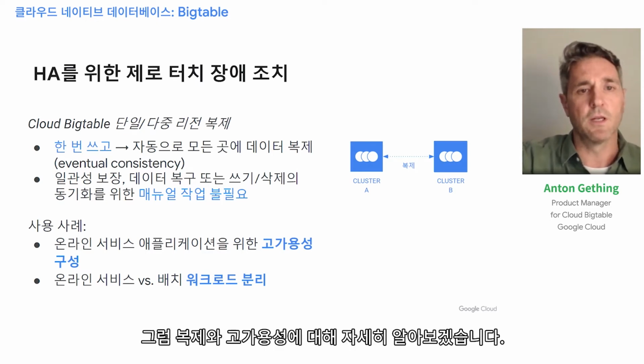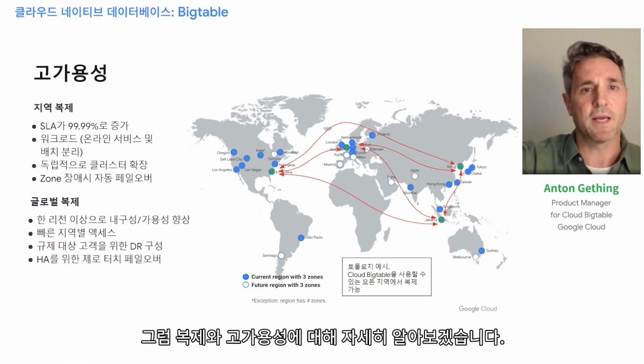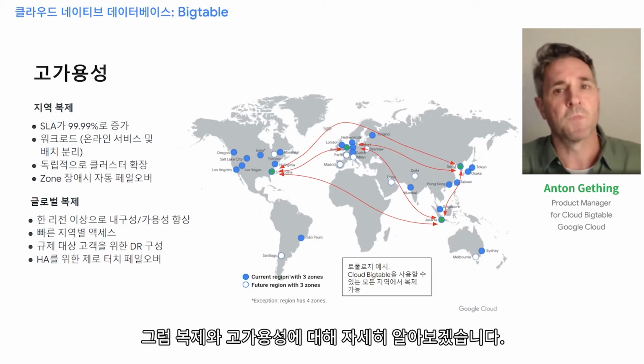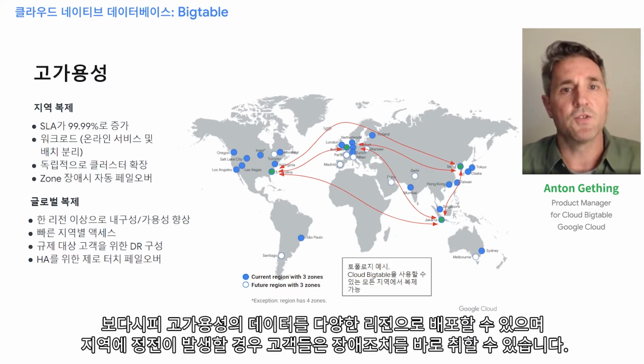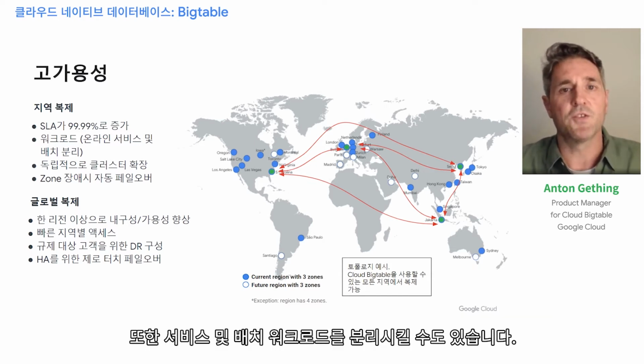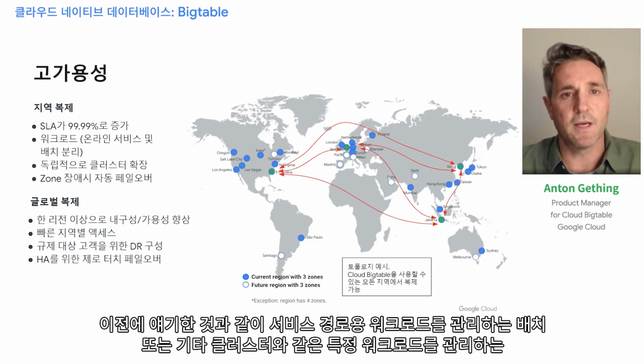And I'm going to go into a little bit more detail now about replication and high availability. So replication in more detail, you can see here, it allows you to distribute your data across multiple regions, providing high availability, allowing customers to fail over in the case of either a zonal or regional outage. And it allows you to isolate serving and batch workloads, something I mentioned earlier.